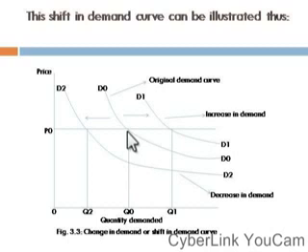Now, let's assume the price of chairs has increased from 100 naira to 200 naira. And when it was sold at the rate of 100 naira, the quantity demanded for both chairs and tables happens to be 300 units each. But now there has been a change in the price of chair from 100 naira to 150 naira.